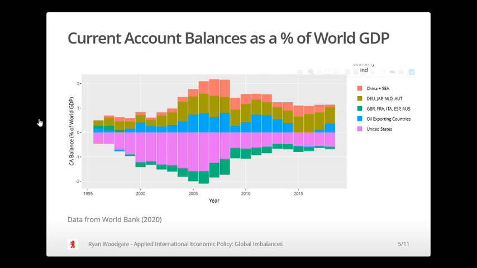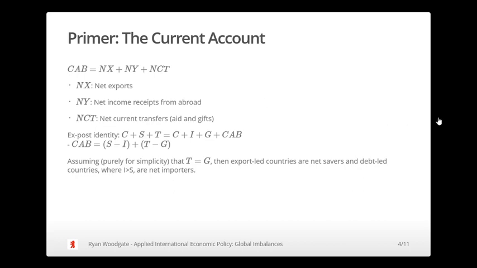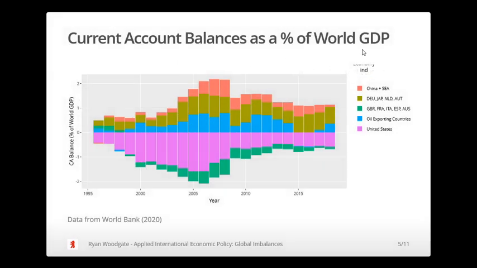So this is simply the current account balance expressed as a percentage of world GDP, just to be able to compare countries around the world. The first thing I want to draw your attention to is that here in purple is the United States. As opposed to the other categories I have here, which are all groups of countries, the United States stands alone because it's just such a dominant part of this macroeconomic phenomenon.